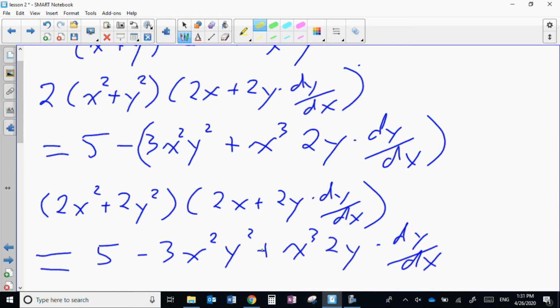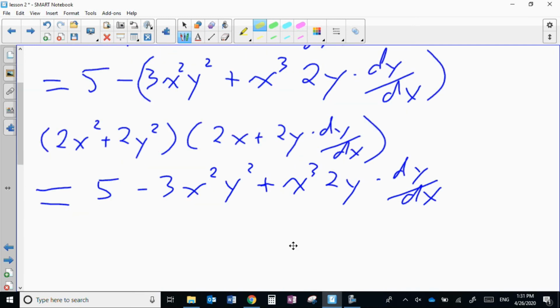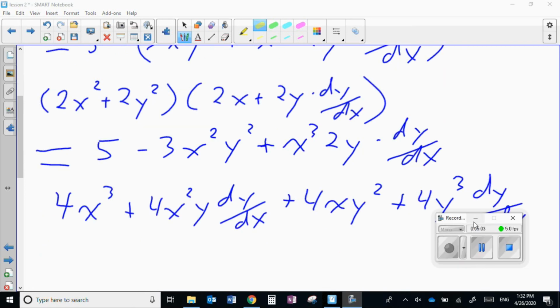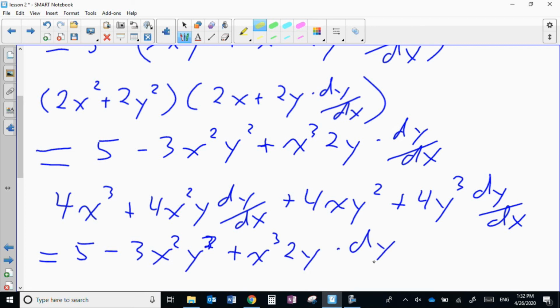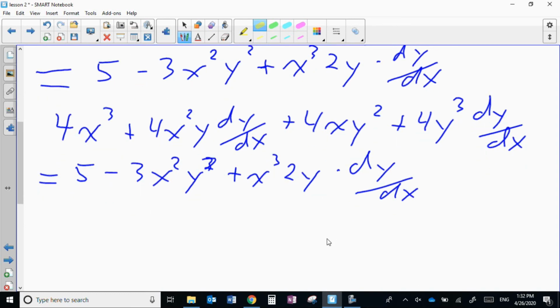So I don't need those brackets anymore on the right side. Okay. Working on the left side, or the top line now, I'm going to use my distributive property, FOIL, to expand that. And when I do that, that's what I get. I've expanded all this line out using FOIL, and then I'm not going to do anything to the right side right now, so I'll just write it down below. And now I've got this ugly mess. I want all my dy by dx's on the left side of the equation and everything else on the right, so I'm just going to rewrite it like that.